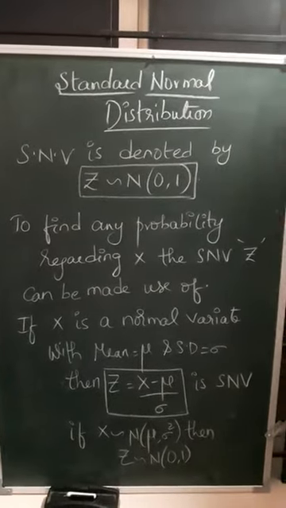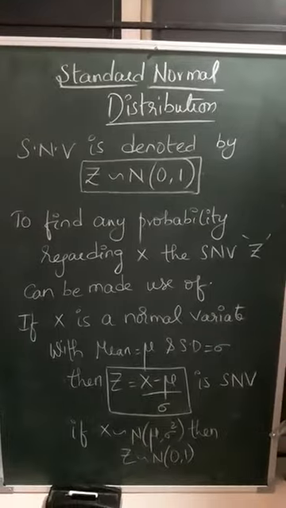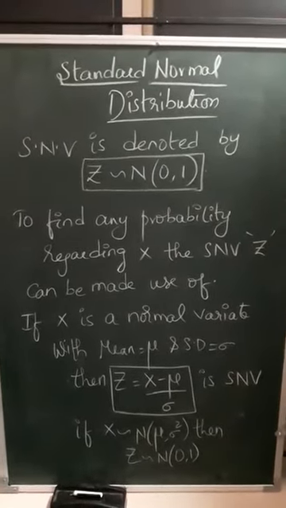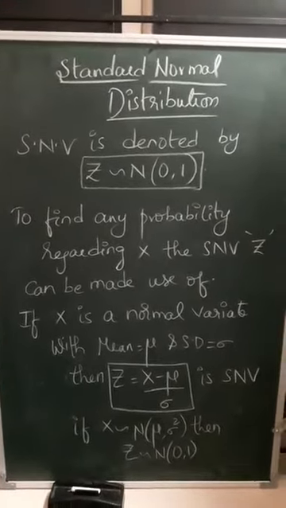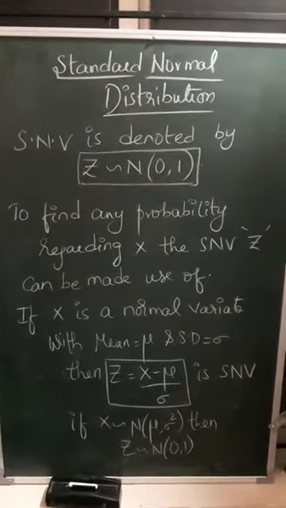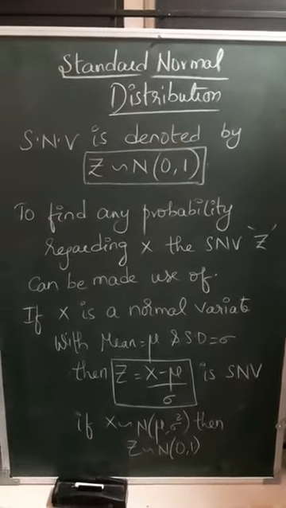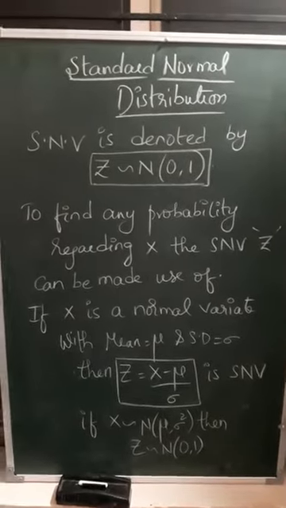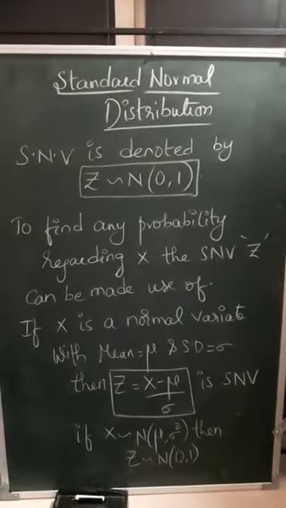If you substitute mu equals 0 and sigma equals 1, then z follows x. That is a standard normal variate. Just note down that formula, z equals x minus mu by sigma. This is the formula we will apply in further normal distribution concepts. So that is a major formula.